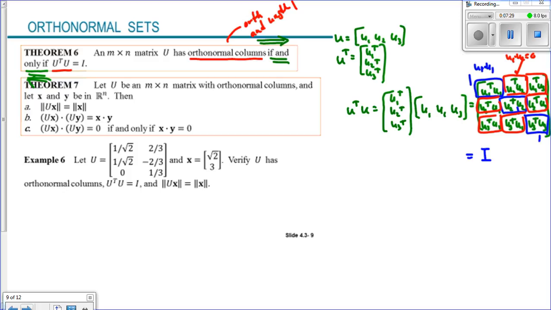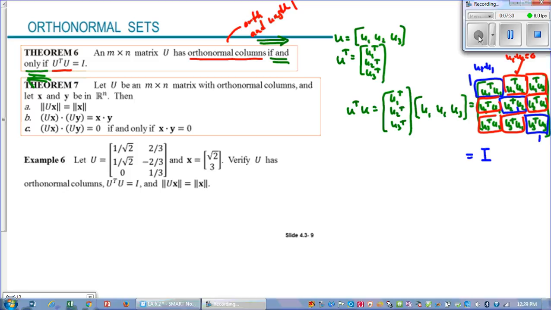Okay, so now, if you wanted to show the other way around, that if the transpose of U times the vector U is the identity, then that would mean that the matrix U has orthonormal columns.